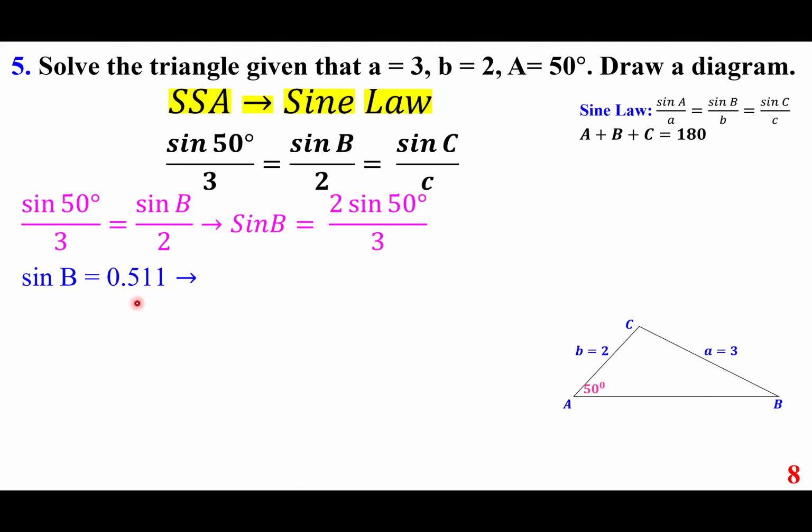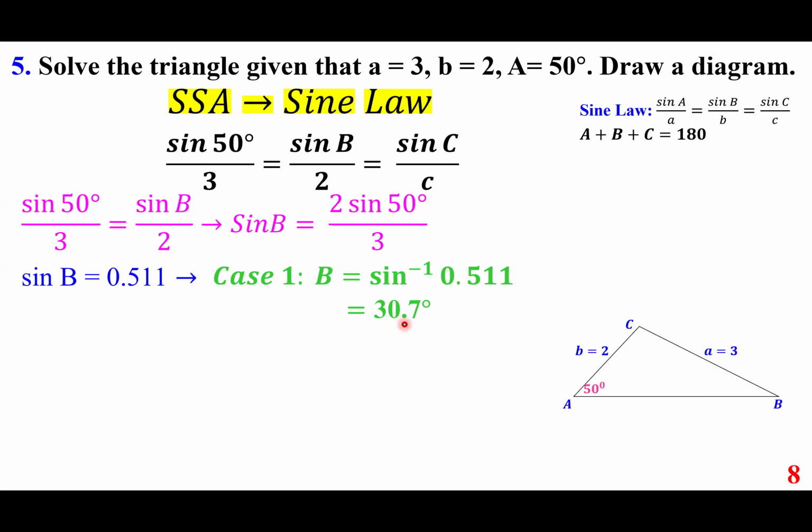So if you take the sine inverse of this number, that gives you the value of B. So B is sine inverse of 0.511, which is 30.7 degrees, almost 31 degrees. So that's one case. And this works as a reference arc.